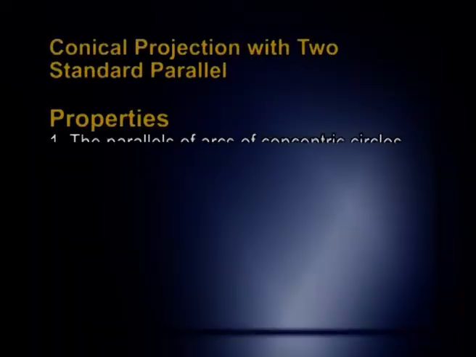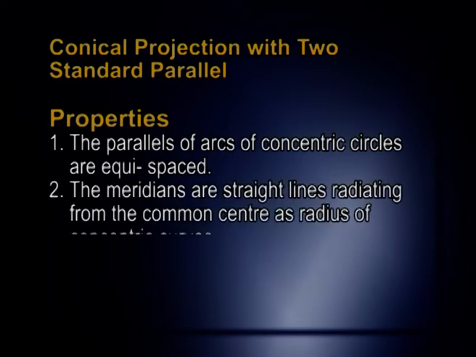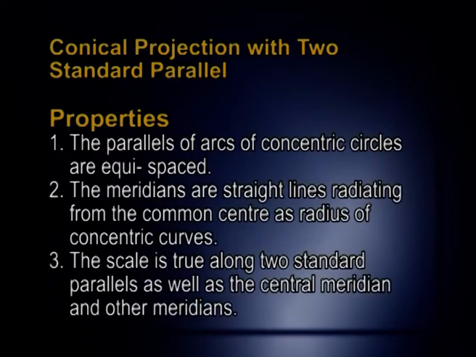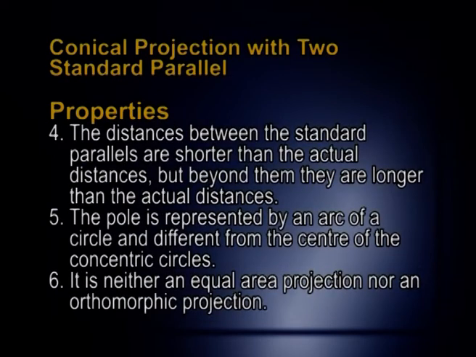Properties. Number 1. The parallels are arcs of concentric circles and are equally spaced. Number 2. The meridians are straight lines radiating from the common center of the concentric curves. Number 3. The scale is true along two standard parallels as well as the central meridian and other meridians. Number 4.